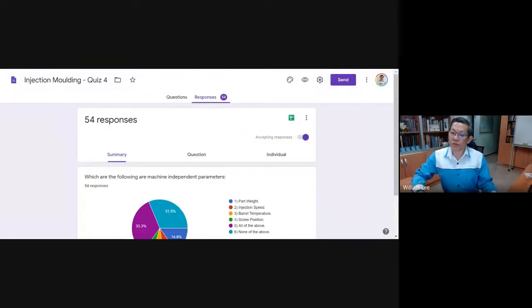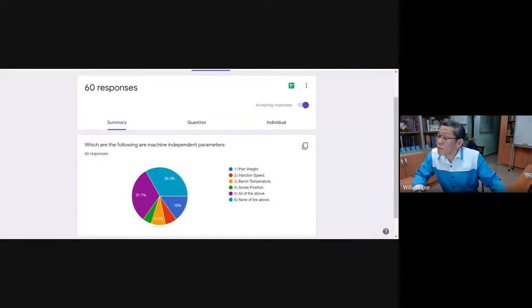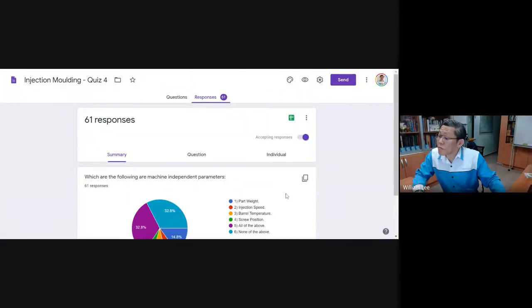I want you to match this data that is independent from the machine that you use. Whether you use machine A, B, C, D, whether they are located in Penang, KL, Starbucks, it doesn't matter, but as long as this information must be matching. Okay, I think the majority of you selected all of the above.